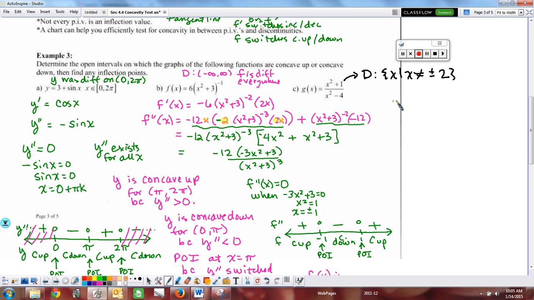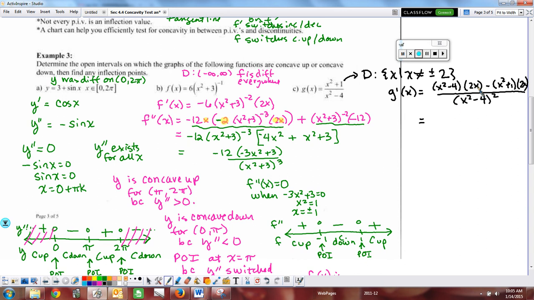All right, so let's do our derivative. So g prime of x is going to be, using our quotient rule, our low d high minus our high d low, all over our low squared. I am going to simplify this because I have to take the second derivative.